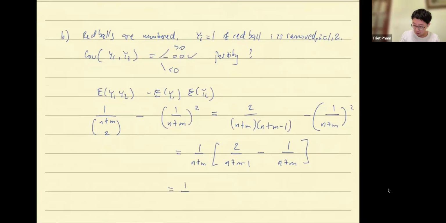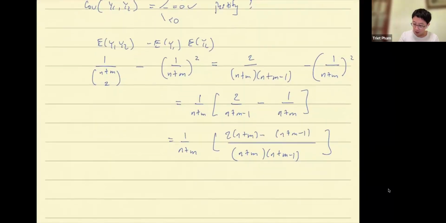Common denominator: 2(n plus m) minus (n plus m minus 1), over n plus m times n plus m minus 1. If we look at this, we got 2n minus n, which is n, 2m minus m, which is m, and there's a plus 1.